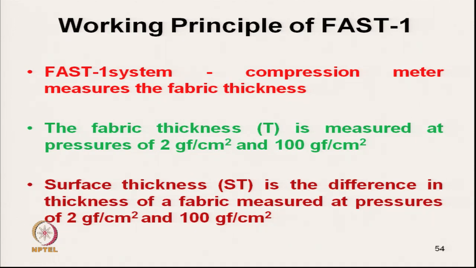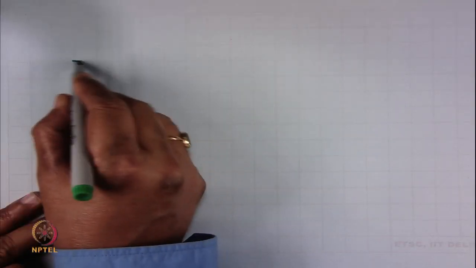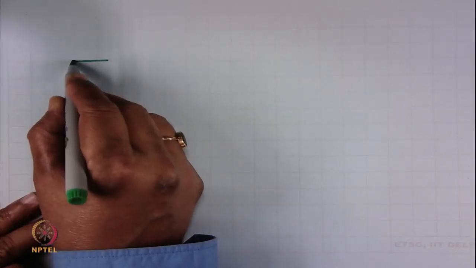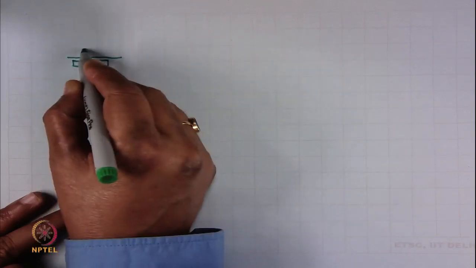Now, let us see the difference between the FAST system and the Kawabata system. In the Kawabata system, there was the anvil, the fabric sample and the pressure foot.